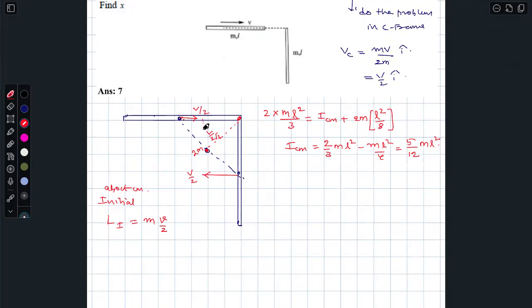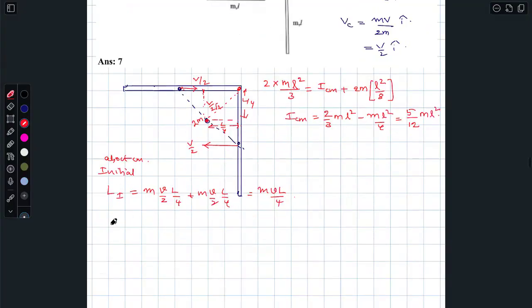L by 4, right? This distance is L by 4, this distance is L by 4. MV L by 4 plus L by 4. This is nothing but MV L by 4.